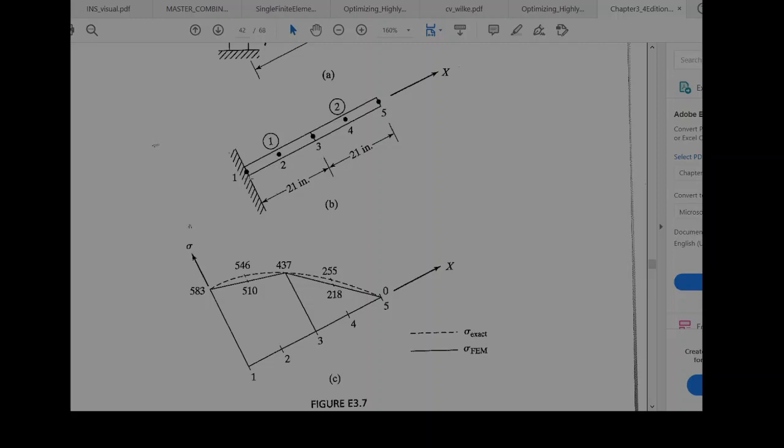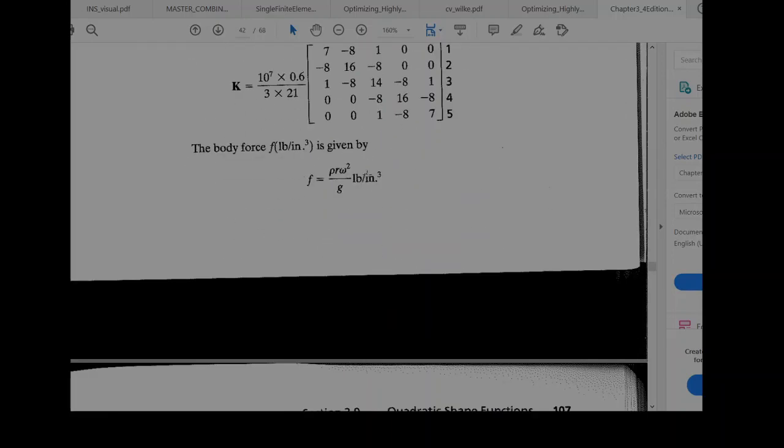The way I'm going to do it is I'm going to show you what happens if you model the body force linearly varying, and then show you how that differs from doing what they've done here, piecewise constant over the two elements. This is just to make sure that we understand the difference.